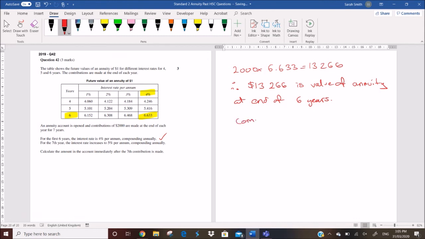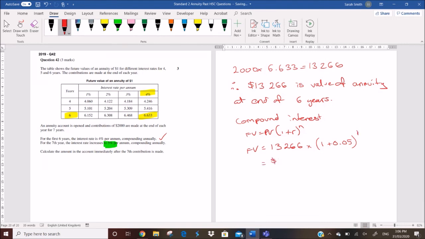So compound interest: our future value equals present value times 1 plus r to the power of n. Our present value, the value of our annuity, is $13,266. Our rate is 1 plus 0.05, because we're now looking at our rate as 5% per annum. And that is just to the power of 1 because we're only going for the 1 year.